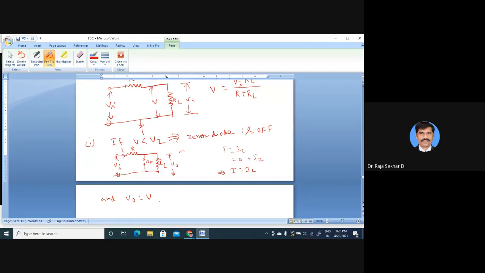And what is VR, the voltage across the resistor R? What is the current through the resistor R?